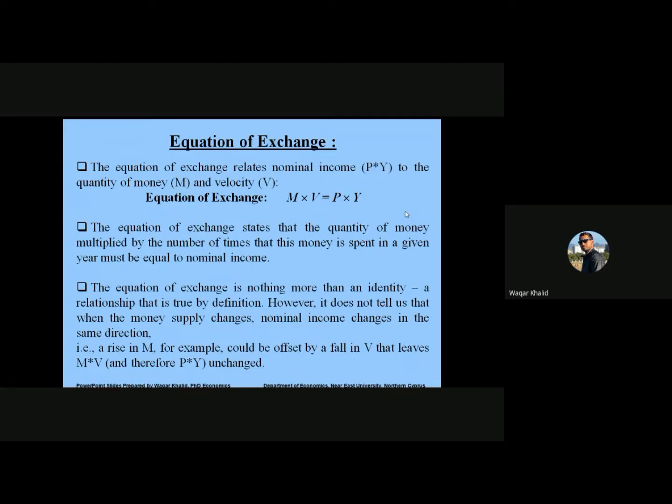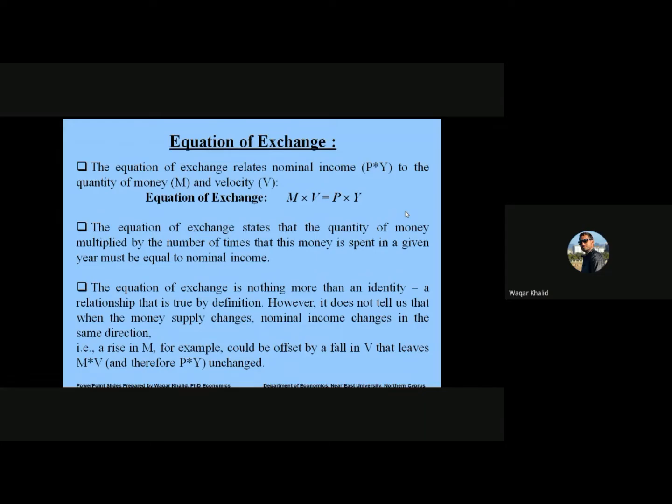However, it doesn't tell us that when the money supply changes, nominal income changes in the same direction. This is the equation of exchange, but it doesn't tell us how a change in the money supply will change the nominal income. For example, an increase in money supply could be offset by a fall in velocity that leaves M multiply V unchanged.